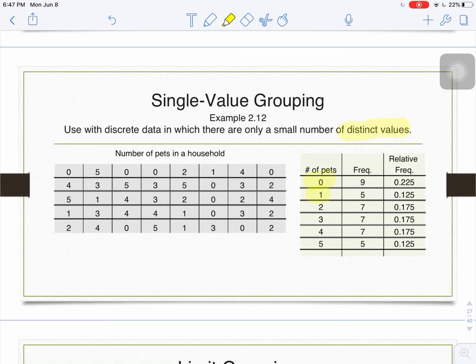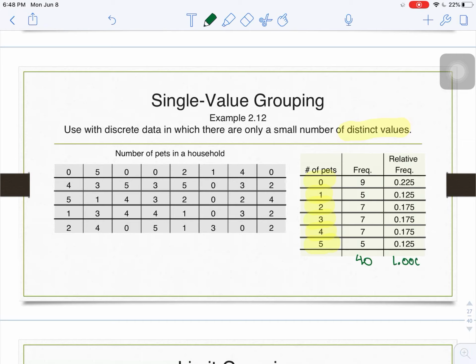So we have the number of people surveyed who have household pets. We want to know how many pets do you have. We're representing these as a single value. And then you can have your frequency with the relative frequency. When you're doing this, don't forget, you total everything up.